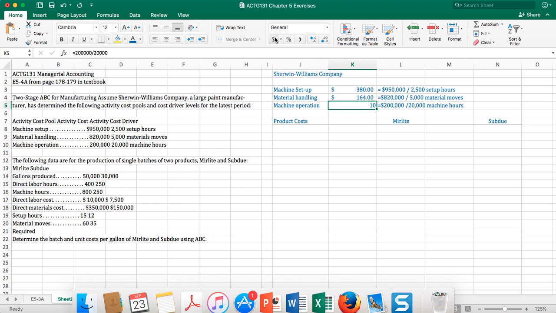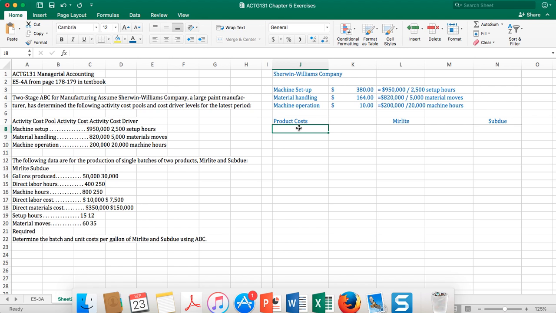So $10 per machine hour. So these are for the entire company. This problem asks us to determine what it is for this product, Merlite, and what it is for this product, Subdue. So let's take care of that.